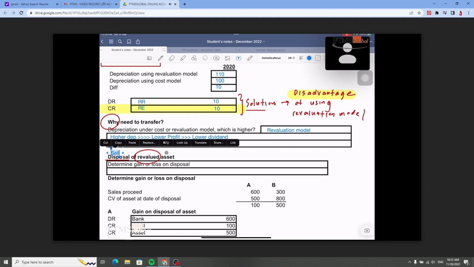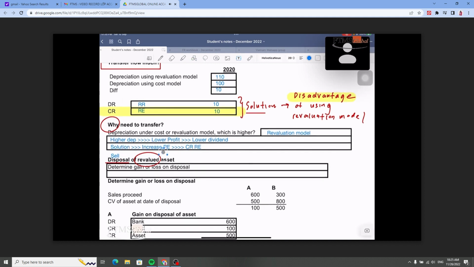Revalued asset means your asset has been revalued before. So now I'm talking about selling an asset that has been revalued before.